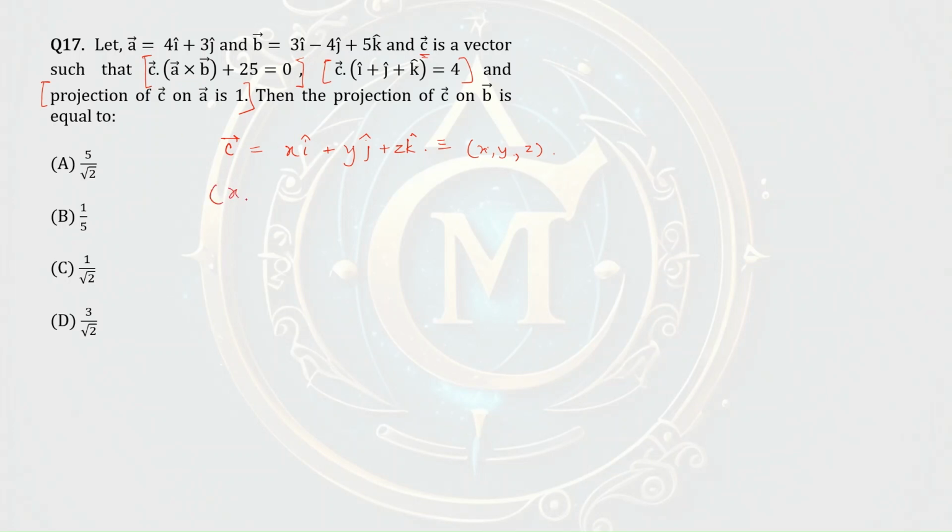So if we dot C vector with this vector 1, 1, 1, it becomes x plus y plus z equal to 4.